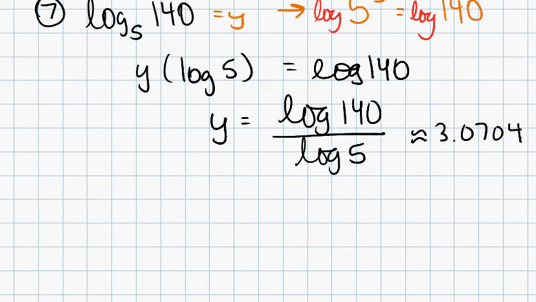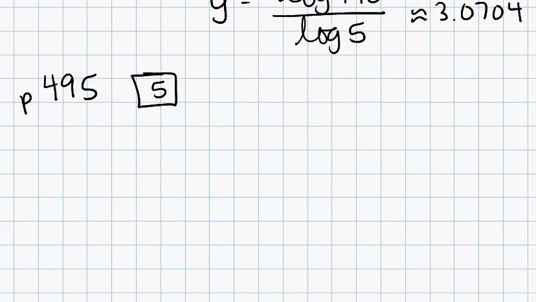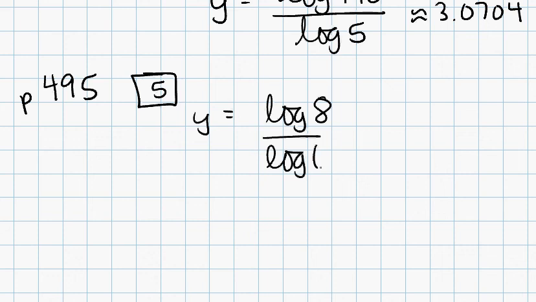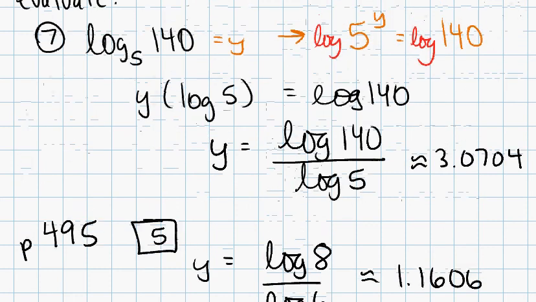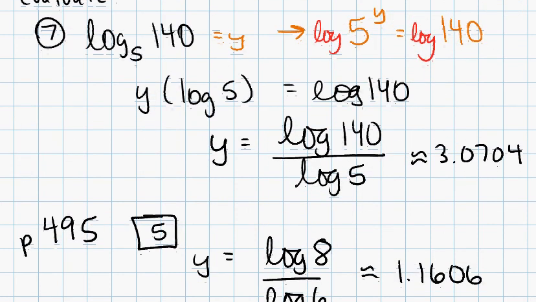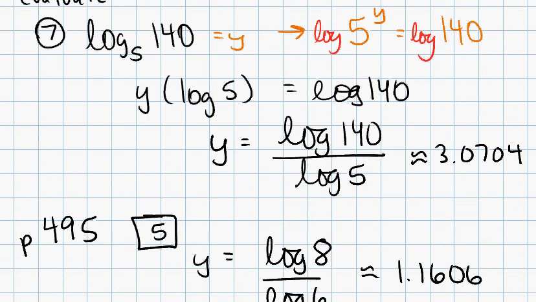All right, use that exact same idea. Page 495, number 5. Pause the video and do the problem, please. Welcome back. So when you got down to your final steps, you should have that y equals log 8 over log 6, which is about 1.1606. So how did we do that? We set the problem equal to y, just like we did in problem 7.